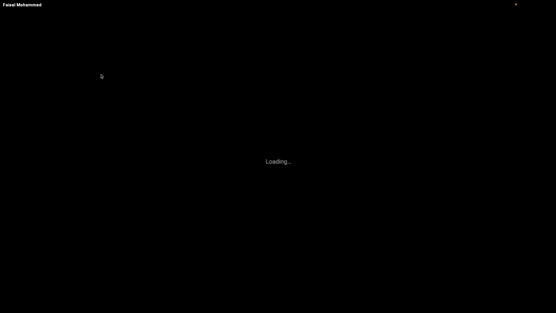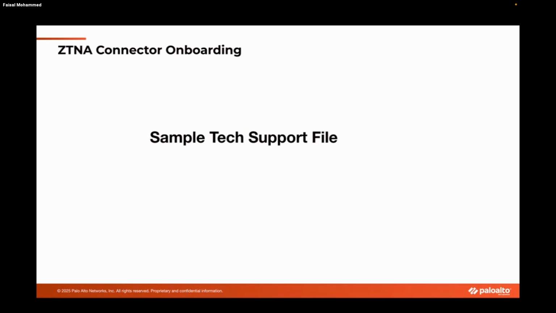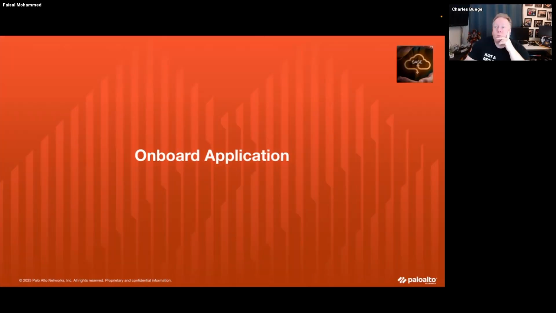So with this, one last thing, the application. So we'll have a short break for 10 minutes, and then we will see how to onboard an app. So far, just to recap, we had an introduction about the ZTNA solution. We looked into the architecture, the various components. We discussed the two types of deployment, one arm and two arm, depending upon the use case. And then we discussed the journey of the connector onboarding and how it is done, step by step.